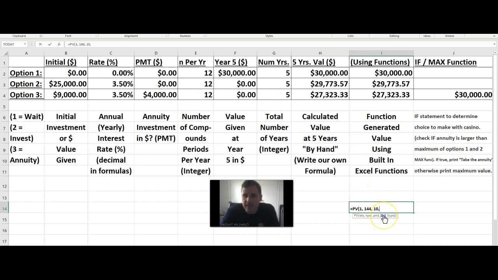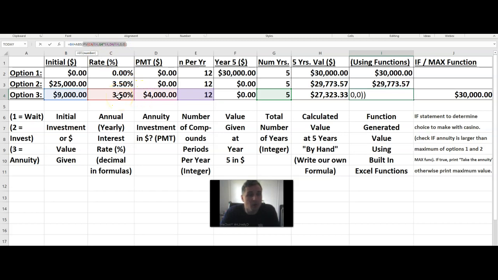Now FV, let's see what that is, and we're not going to worry so much about the type. Let's just focus on this PV part for now. Notice that we've got C4 divided by E4.